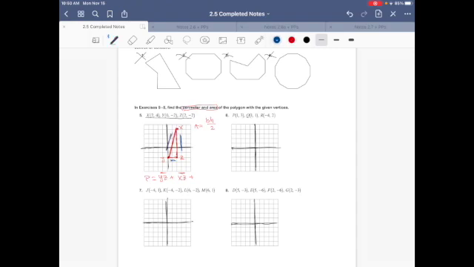That's on a diagonal though, so for that one, you'll have to use the distance formula. You'll plug each one of those in and then find your perimeter.